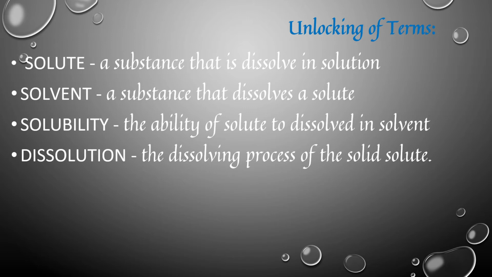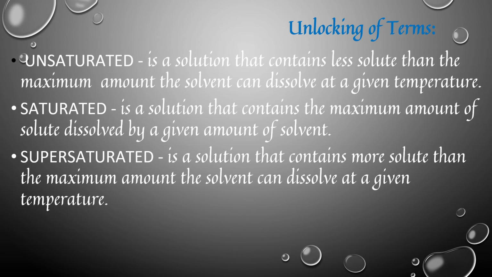Okay? Later, I am going to give a concrete example. Now, these are the three types of solution. So, meron tayong unsaturated, saturated, tsaka supersaturated. So, pag sinabi natin unsaturated, it is a solution that contains less solute than the maximum amount of solvent that can dissolve at a given temperature.